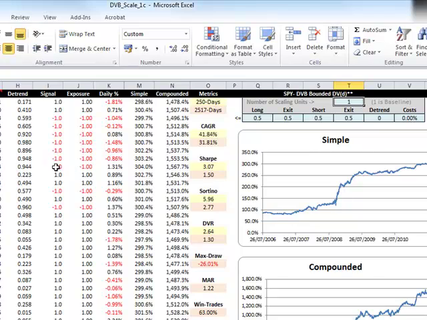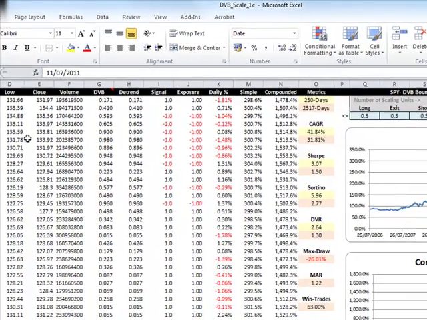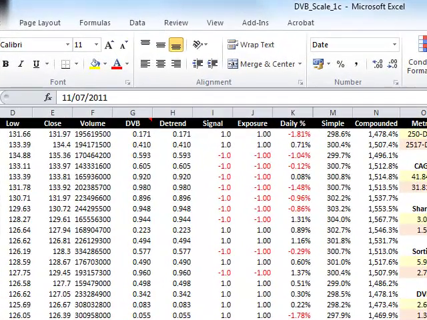For example, here we have a signal to go short. I should reiterate this data goes from around 2001 up to 2011, the 11th of July.